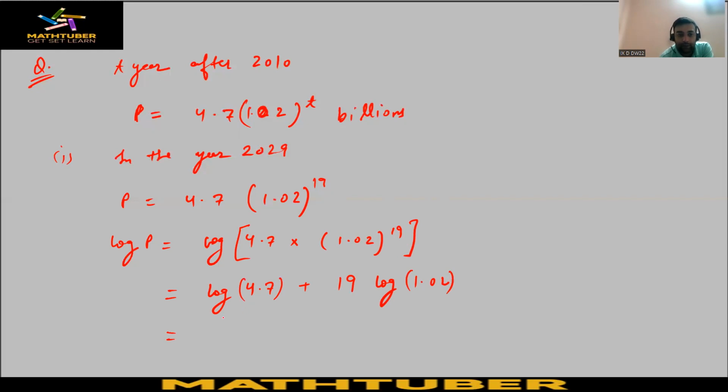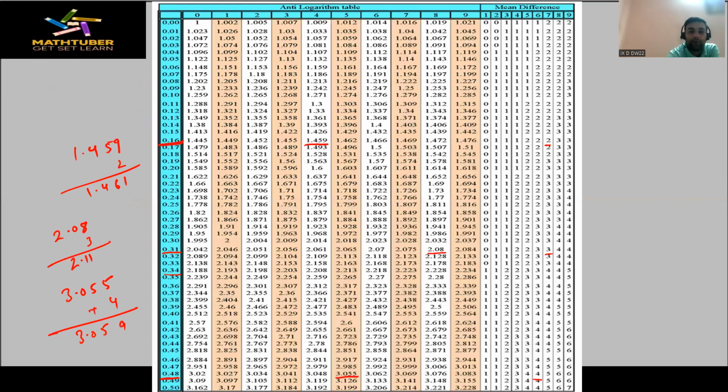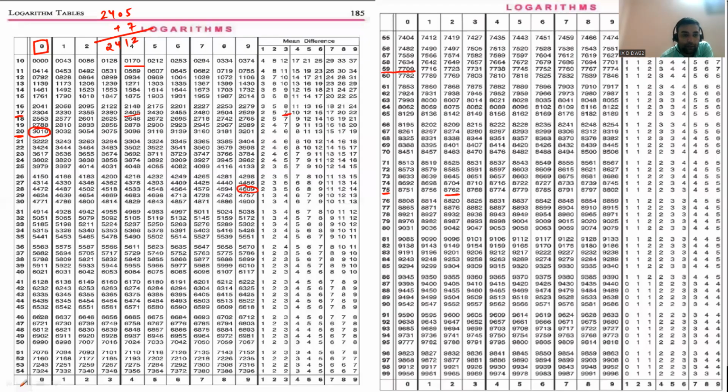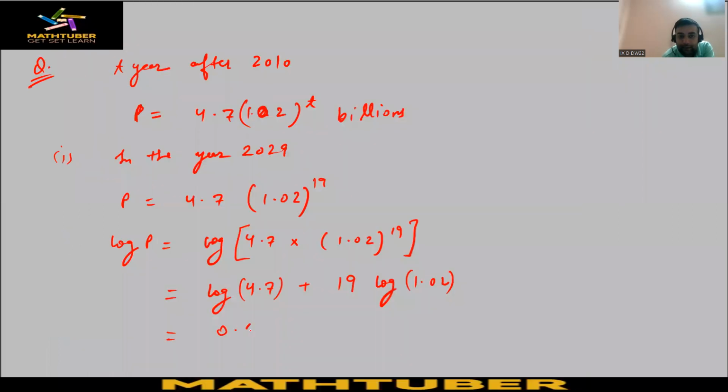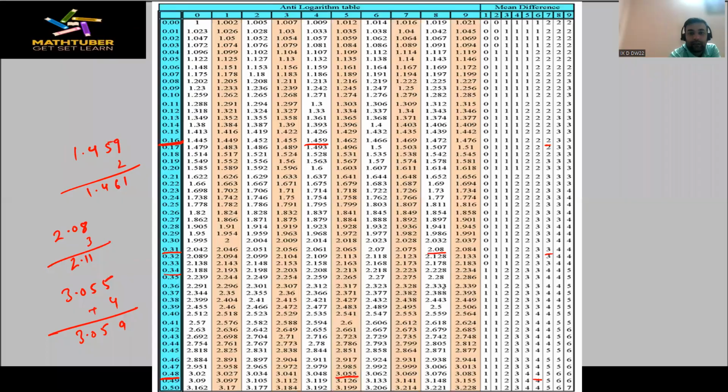Both the numbers are in standard form already, so we can directly find out the values of log here. First of all, log of 47 at the 0th column we have to find out. So 47 is here, and at the 0th column it is 6721. So it will be 0.6721 plus 19 multiplied by, here we have 1.02, which means 10th row at the second column we have to see.